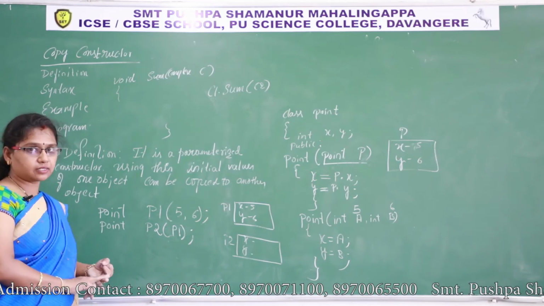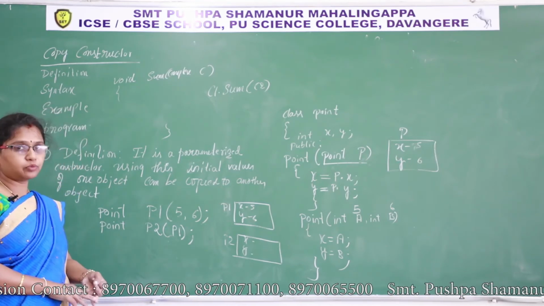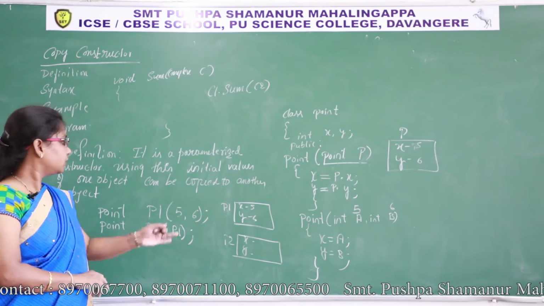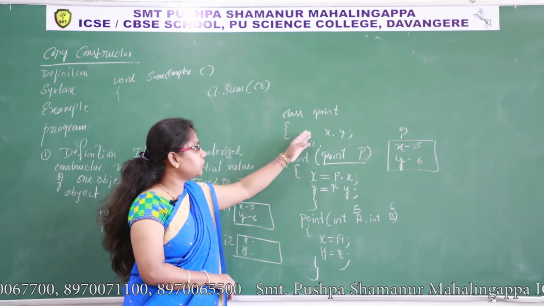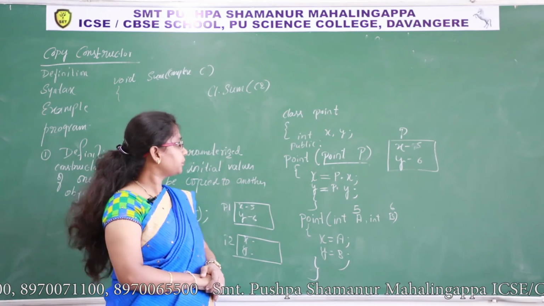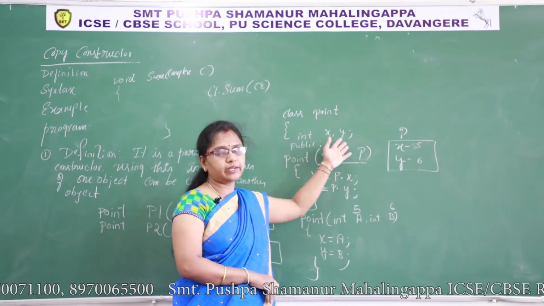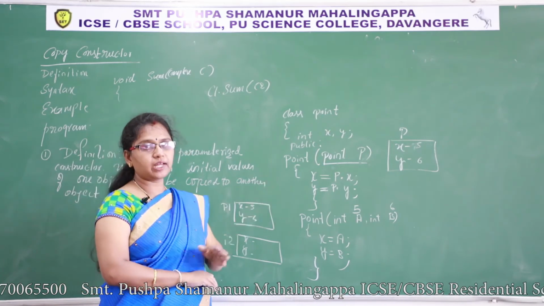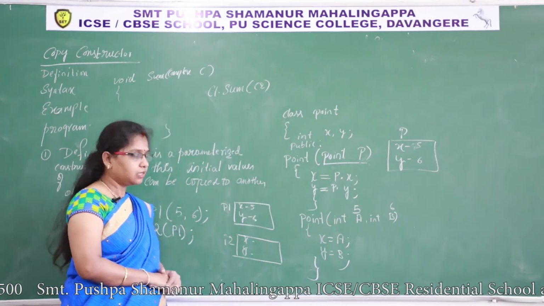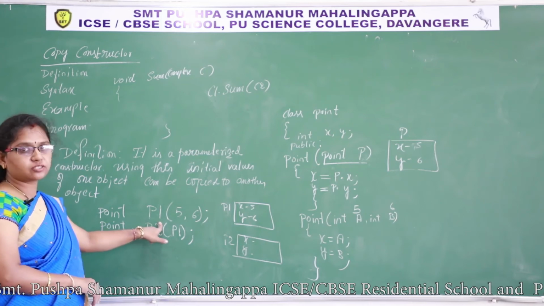I have not written the syntax yet; I have taken an example to make you understand. So there is a class called point. It has two data members x and y, the coordinates: x coordinate and y coordinate. Through the constructors I am going to initialize those data members. Here I have taken a parameterized constructor.